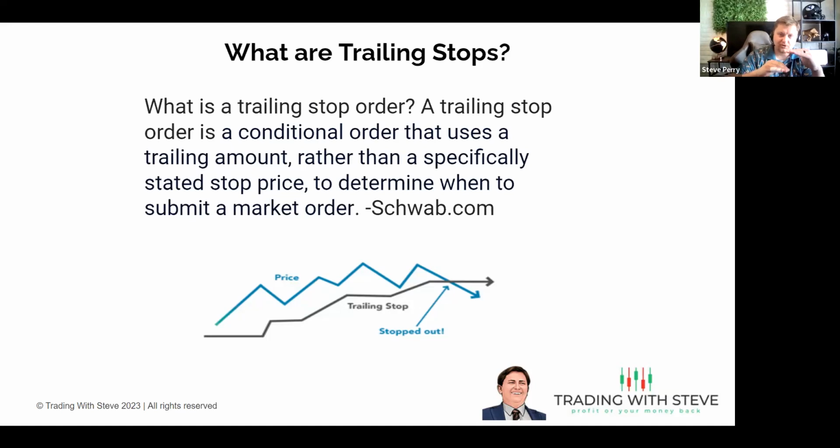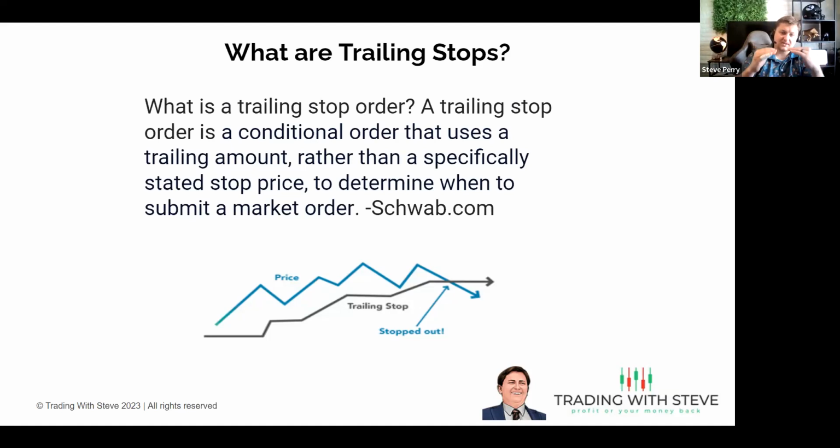Your stop loss originally was at $4, and the market goes up $1. Well, now that stop loss has moved up to break even. So the worst thing that could happen is you close at break even. But let's say the market pulls back from $6 a share, and now it goes down to $5, where you're going to stop out. Now, you won't lose any money because it is at break even.